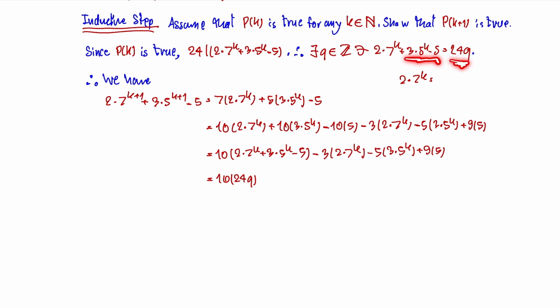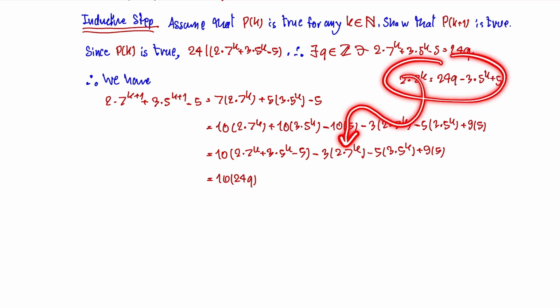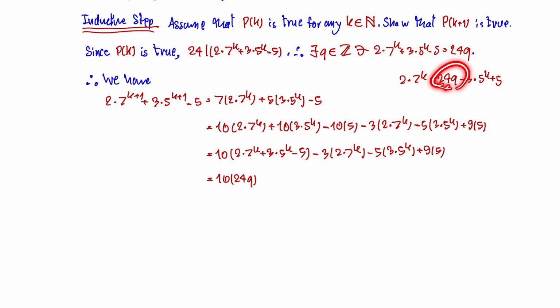Okay, so I try to do this. I have to rewrite this equation so that 2 times 7 to the k is isolated. So we're going to have 24q minus 3 times 5 to the k plus 5. And plug this term into here, because I try to have 24q.